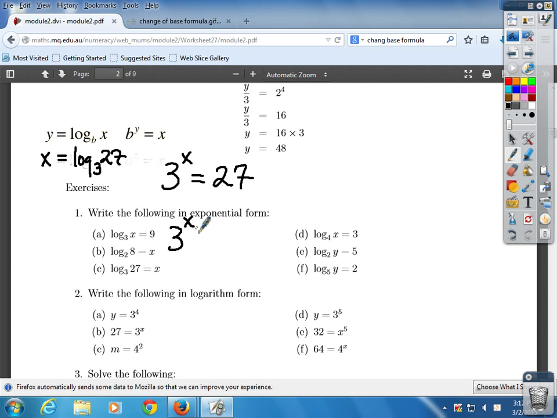So 3 to the x is equal to 3 to the third, and again x is equal to 3. If you take the log of 27 divided by the log of 3, you're going to get 3 again. But you can also go in the other direction. So let's do A, B, and C on number 2.